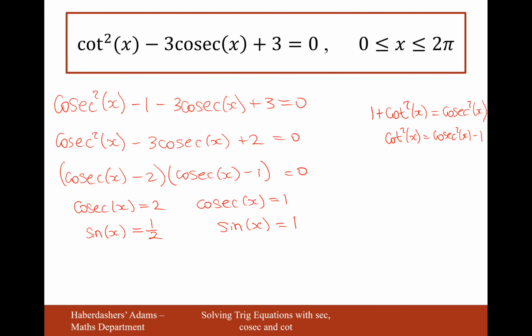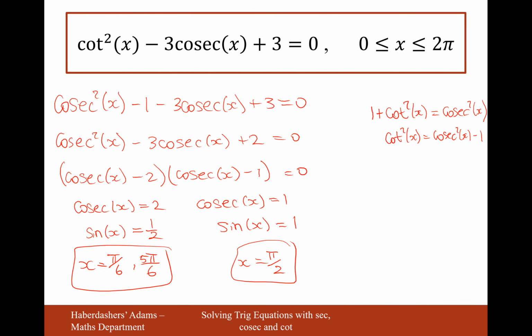So now we'll find the solutions to this, and it's going to be in radians mode, so it's going to be pi by 6 and 5 pi by 6, or it's going to be x equals pi by 2. Because that's the only time it will equal 1 on the sine graph. And there we are, that's the answer to this question here. So in this question we had to turn the quadratic one into the linear one, like we generally have to do using an identity.